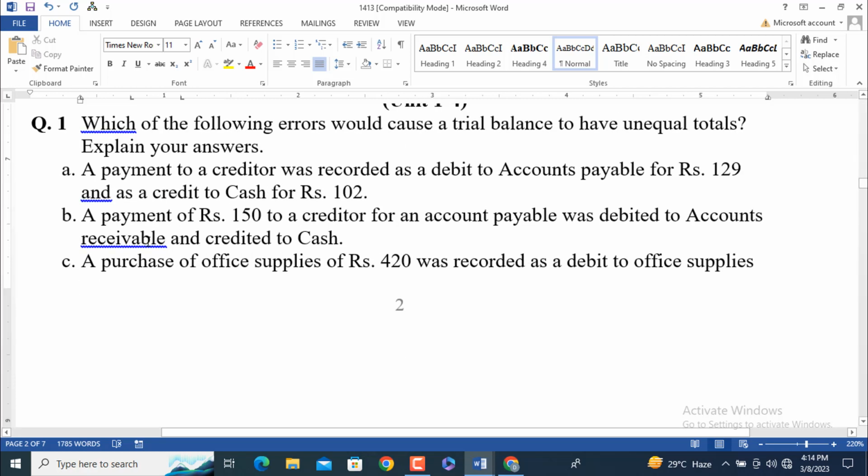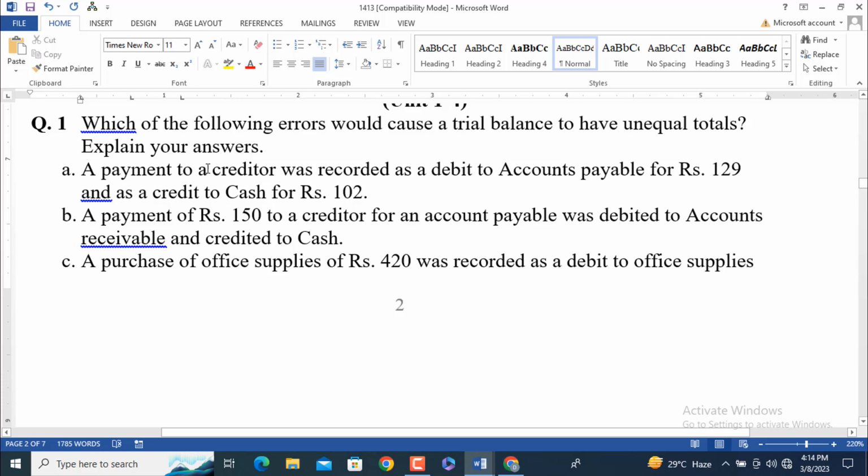Now move to the second transaction. A payment of rupees 150 to a creditor for an account payable was debited to accounts receivable and credited to cash. As we make a payment to a creditor, as a result our liability, current liability, must be reduced. But unfortunately, we have debited this amount to accounts receivable.